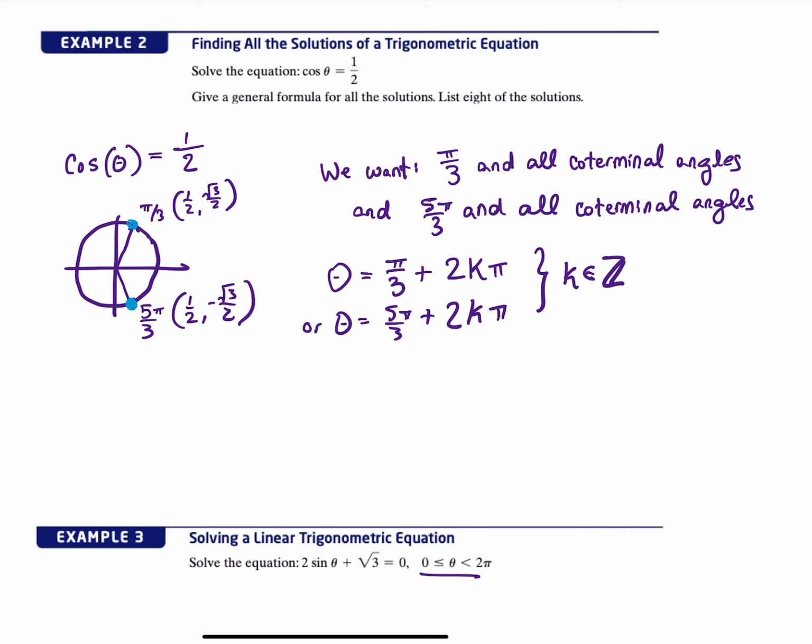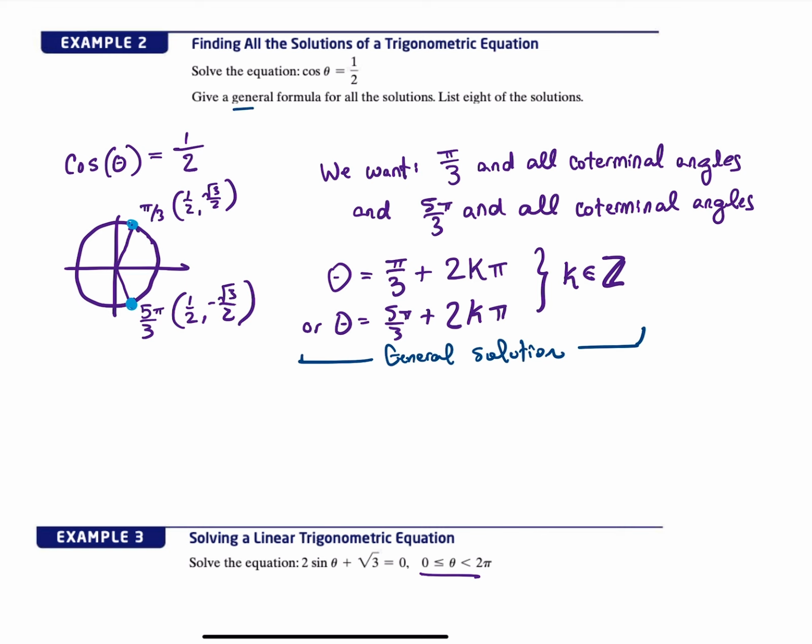I think the text likes to use k, so I'll stick with that. So I would call this statement the general solution. It's the solution that contains all possible angles that have a cosine value of 1/2.